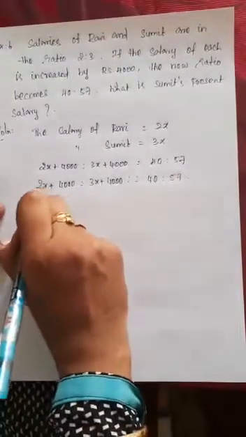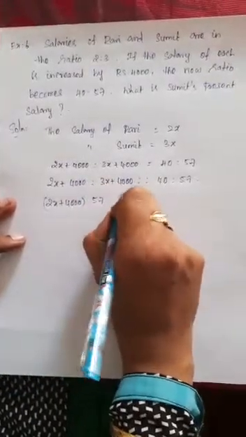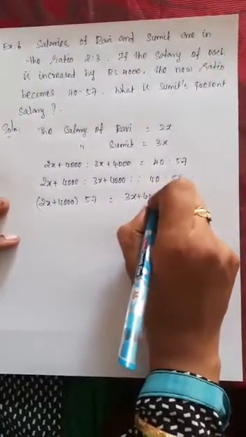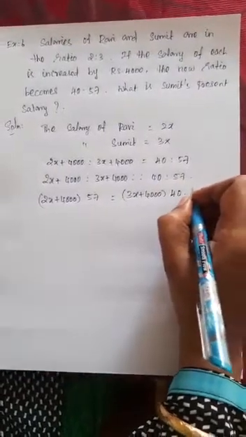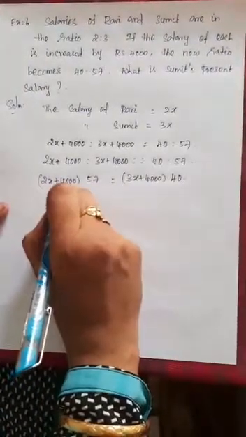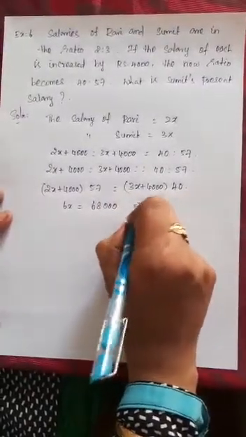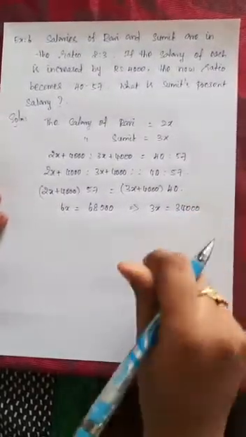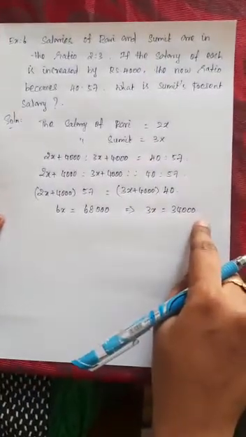Product of extremes, 2x plus 4,000 into 57, is equal to product of mean terms, 3x plus 4,000 into 40, which gives 6x is equal to 68,000. So 3x is equal to 34,000. The salary of Sumit is 3x, and the value of 3x is 34,000.